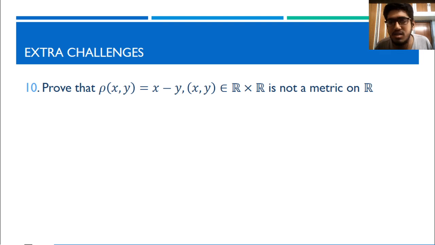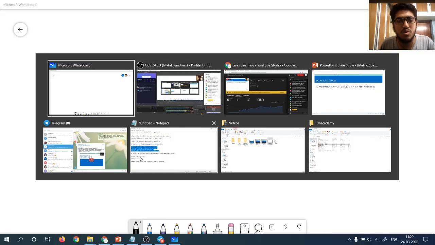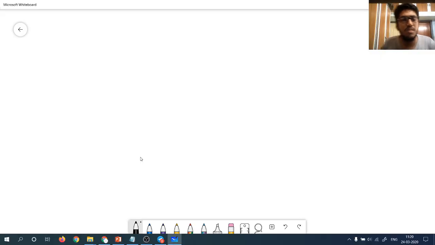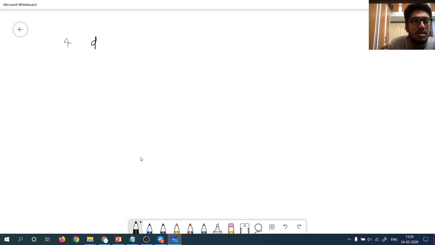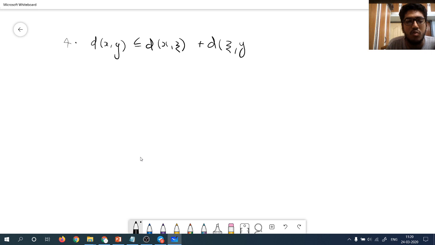Now going back to Pranidhi's question, just a second, let me switch to the whiteboard. So Pranidhi asked, we have our fourth condition as d of x comma y is less than or equal to d of x comma z plus d of z comma y.